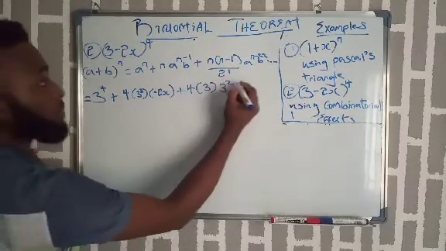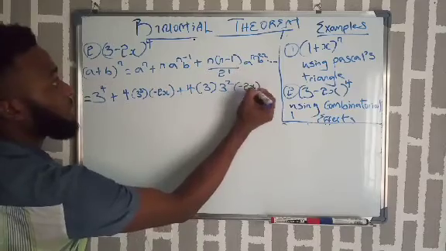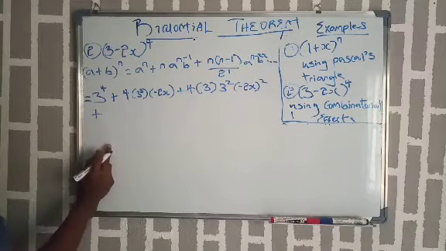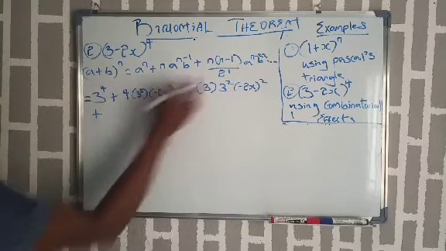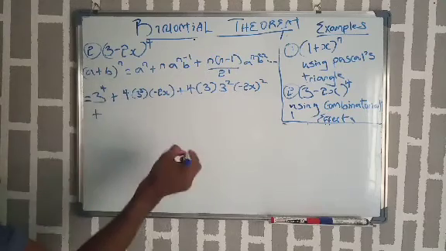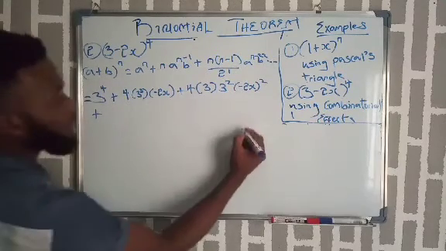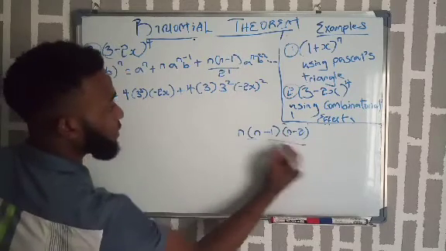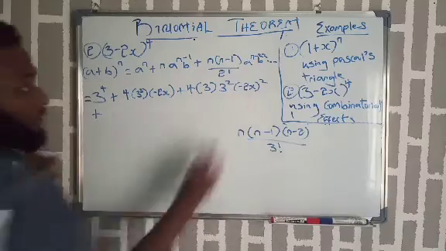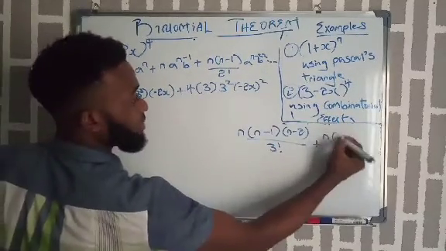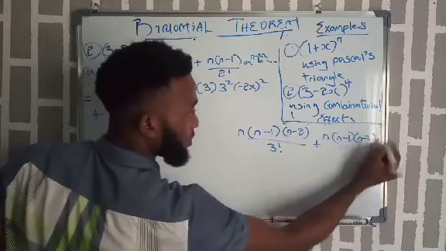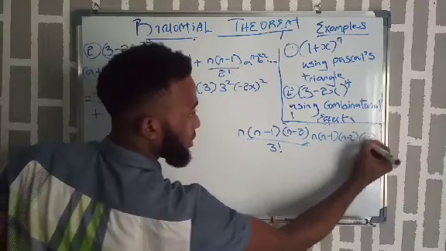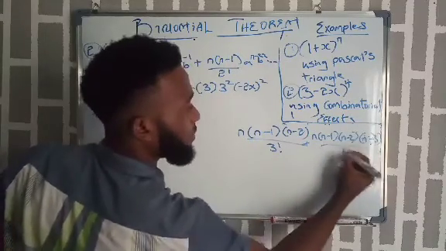Yeah, 3 raised to the power 2 and minus 2x raised to the power 2, plus... You can also have, since it's not finished, n into n minus 1 over 2 factorial, then n into n minus 1, n minus 2 over 3 factorial, plus n into n minus 1, n minus 2, n minus 3 over 4 factorial.